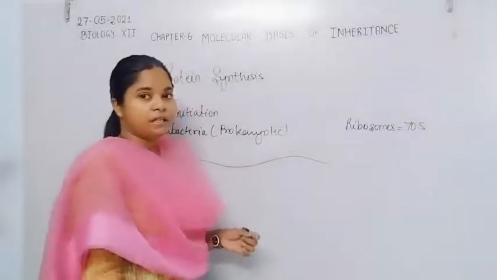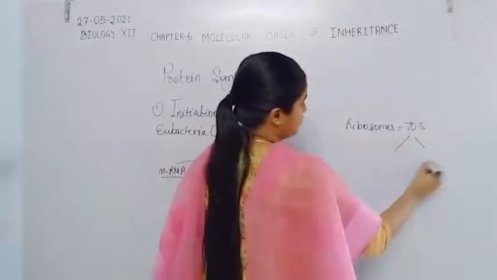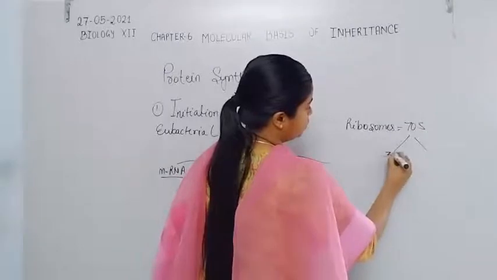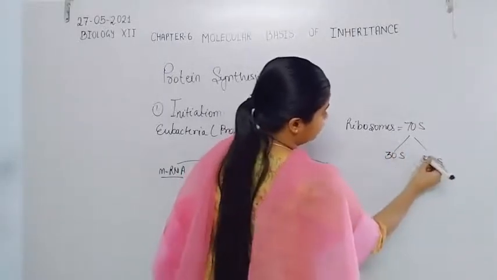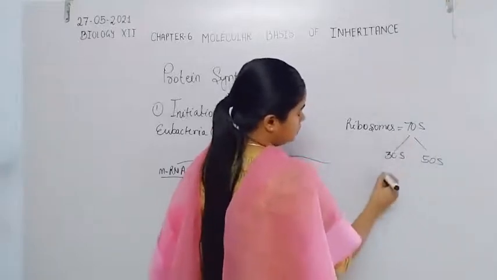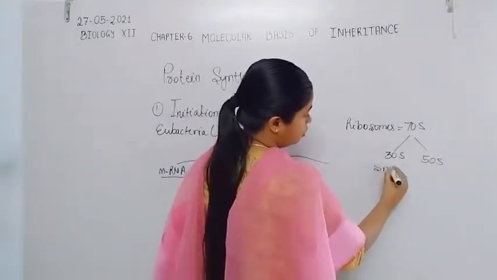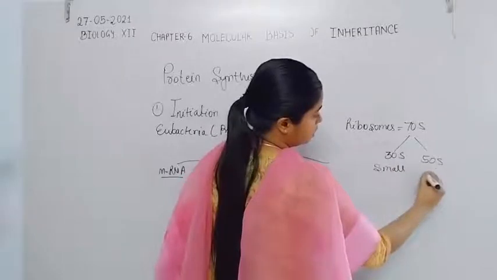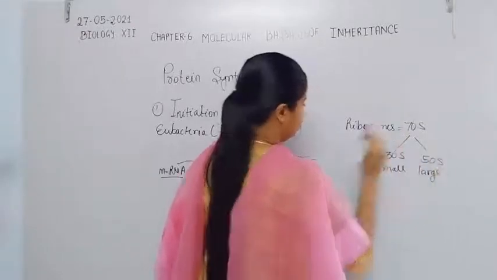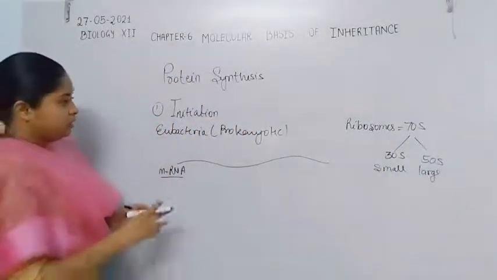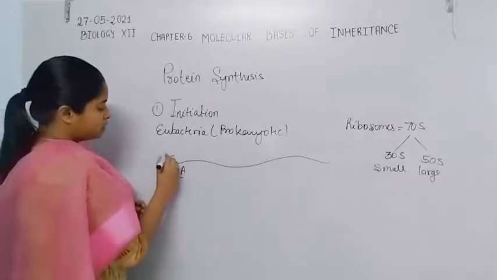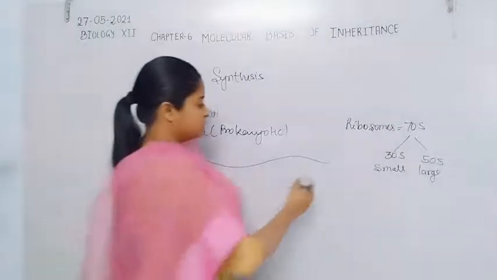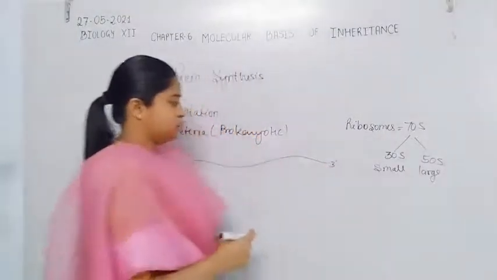In the 70S ribosome, as we discussed in the previous class, the 30S is the small subunit, and here is the large subunit, 50S. Now, here is the 5 prime and this one is the 3 prime region.